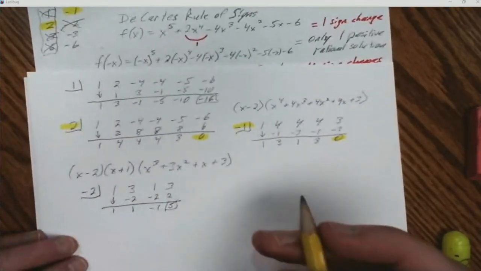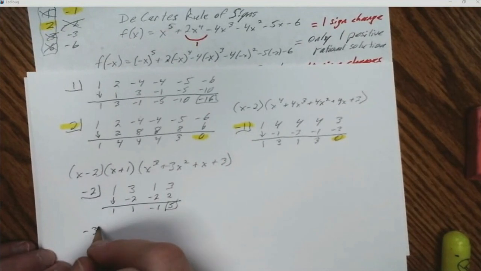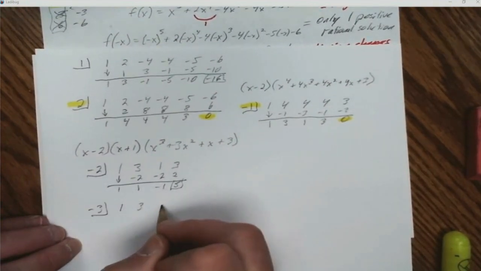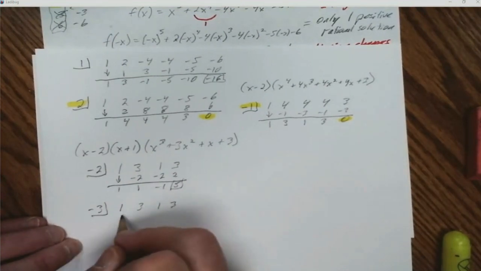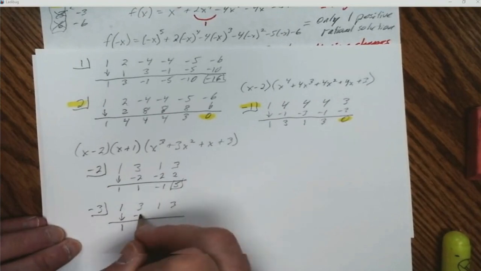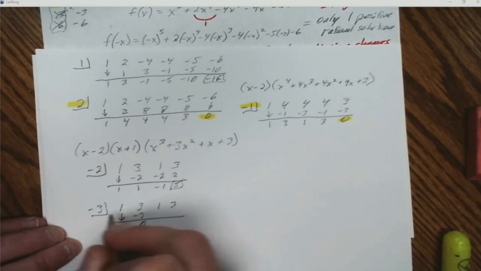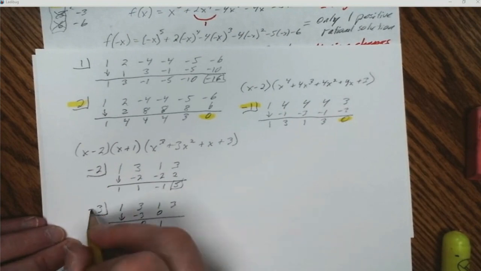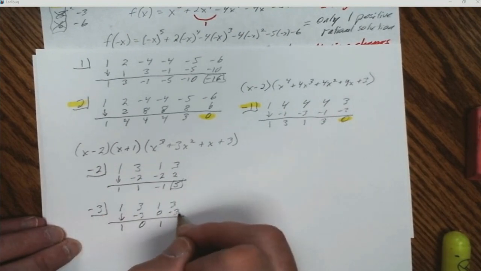Let's try -3. Same equation. 1, 3, 1, 3. 1. -3 times 1 is -3. Add those, that's 0. -3 times 0 is 0. That comes down as a 1. -3 times -1 is -3.